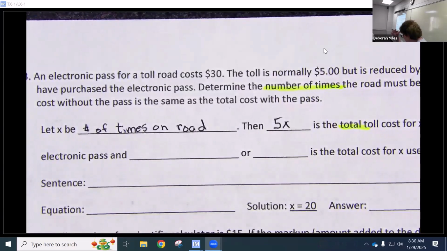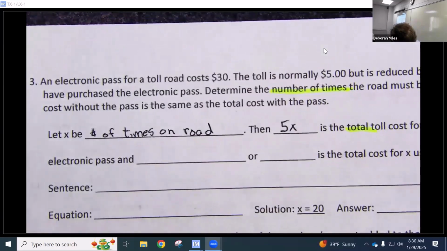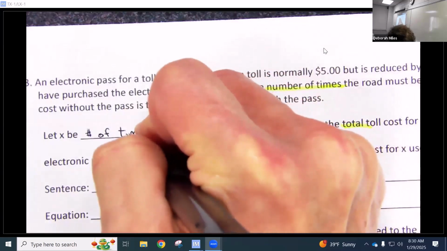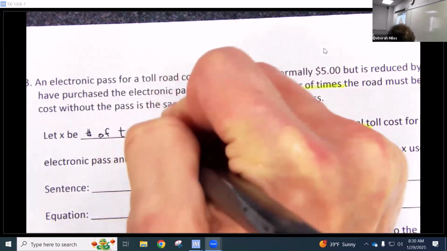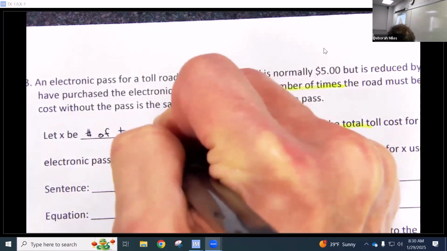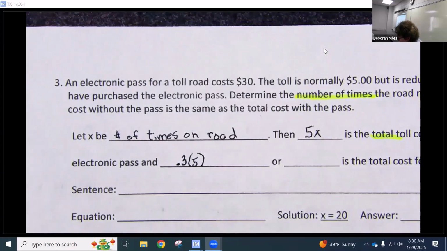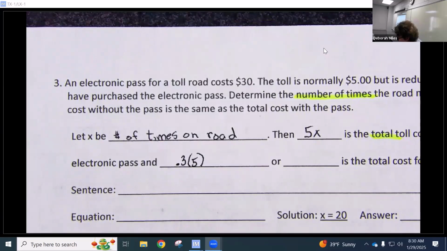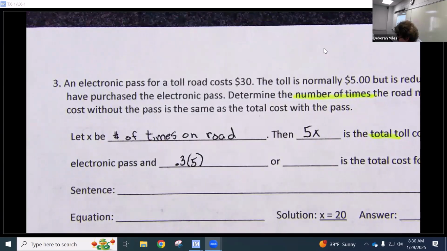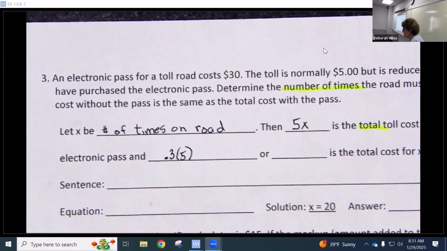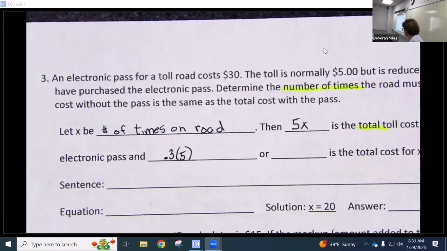If you didn't have that way of figuring out, you could just multiply 30 cents times 0.5. That's your $1.50. Is $1.50 what you pay if you haven't bought the pass? Is that what you pay each time? 0.3 times 5 is $1.50.